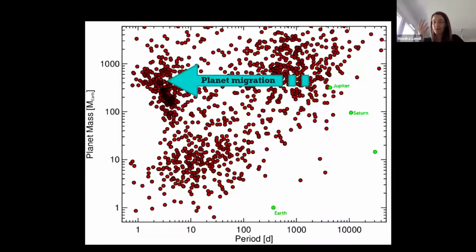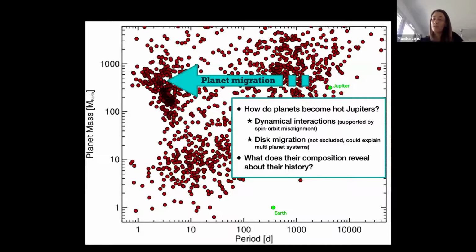So the first question is planetary migration, right? So we have all these gas giants at short orbital periods, but it is unreasonable to assume that these planets have actually formed there. It is more likely that these planets were formed further out at several AU and then moved in during the evolution of the planetary system, maybe even during its very early phases.